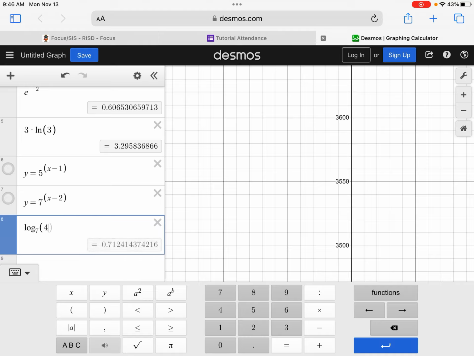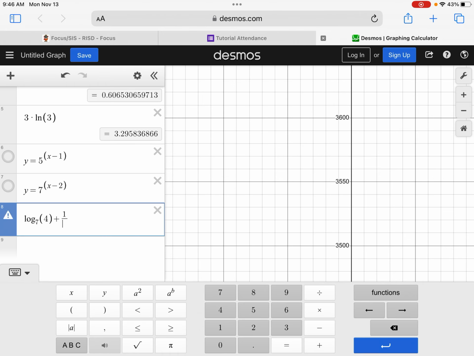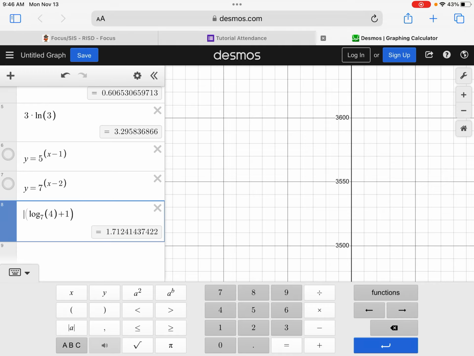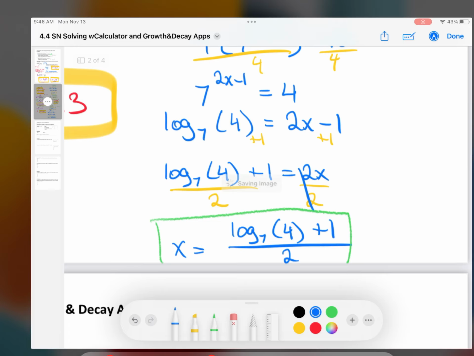So log base 7 of 4, close the parentheses, add 1, and then we want to divide all of that by 2, and that's not going to divide all of it. So I'll put the entire numerator in parentheses. Then it will divide everything by 2. So 0.856. X is 0.856.